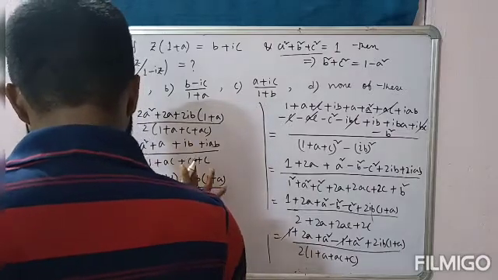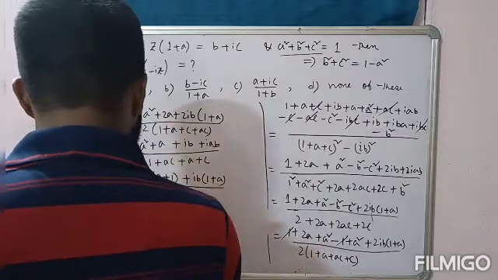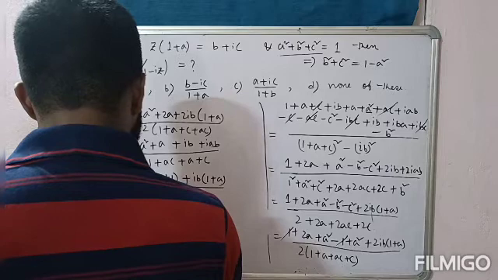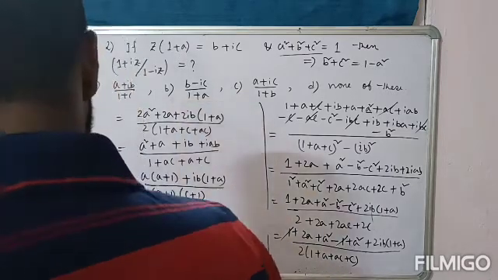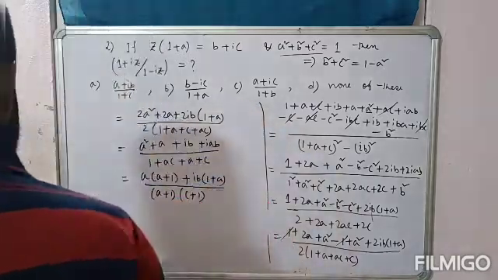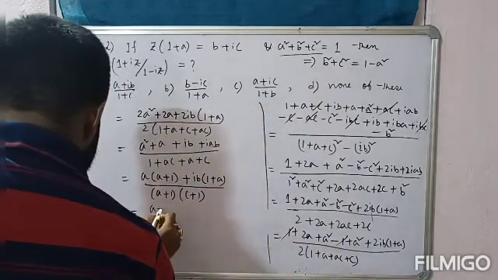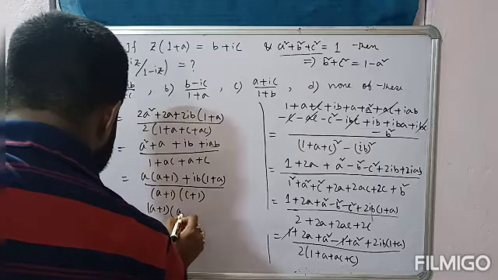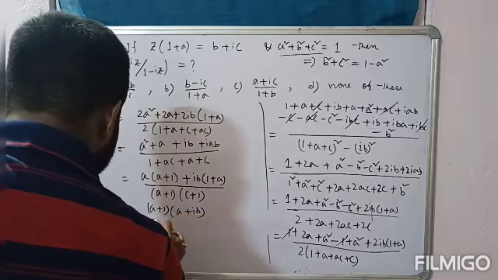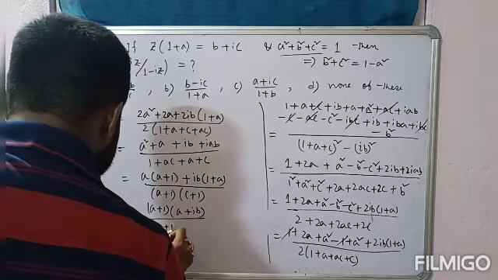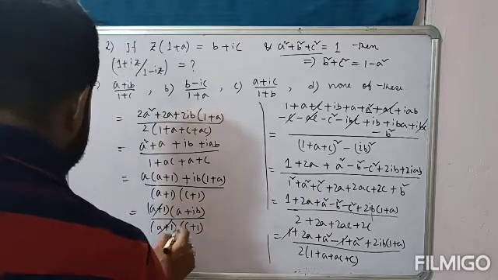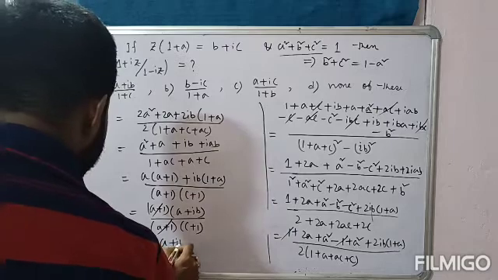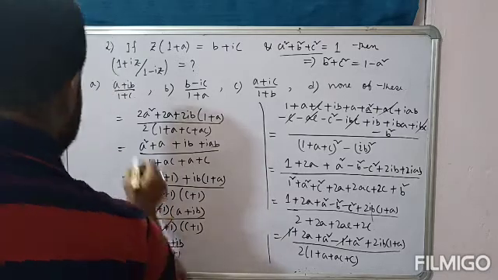So 1 plus ac plus a plus c can be written as a plus 1 into c plus 1. So this is equal to a plus 1 whole into a plus ib divided by a plus 1 whole into c plus 1. So a plus 1 will be cancelled. So a plus ib divided by c plus 1 is the answer.